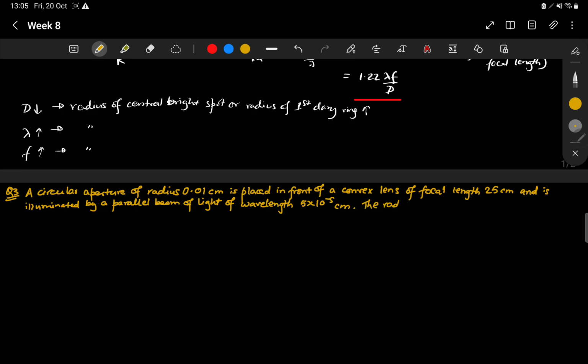The radius of the first ring is what we need to find. And these are the 4 options.